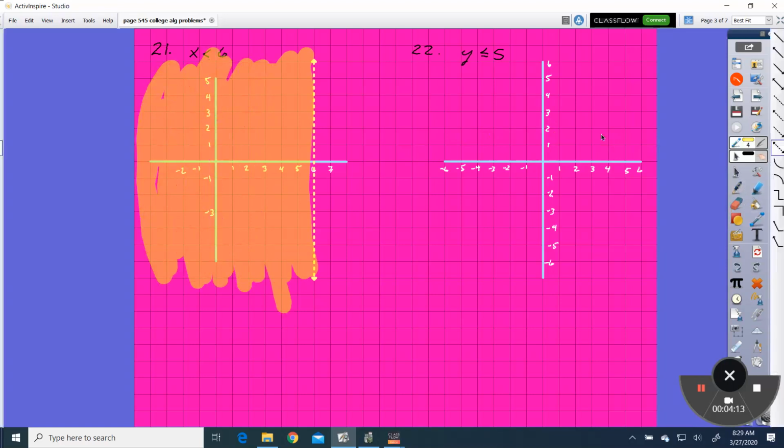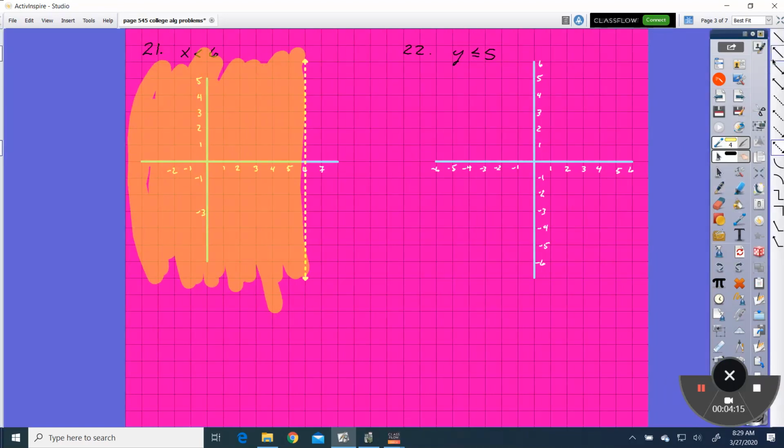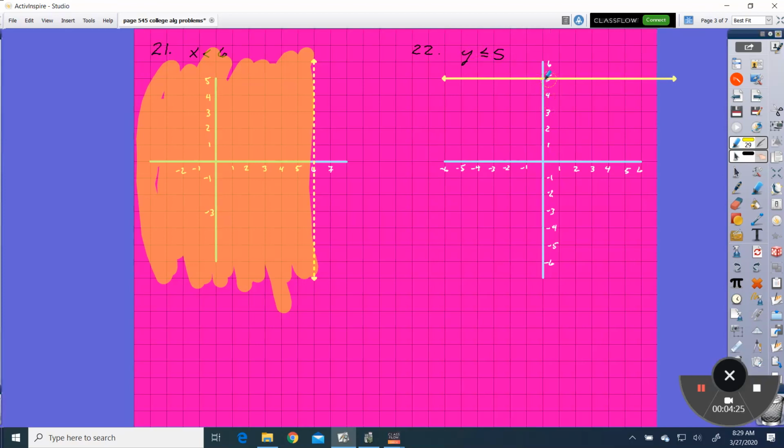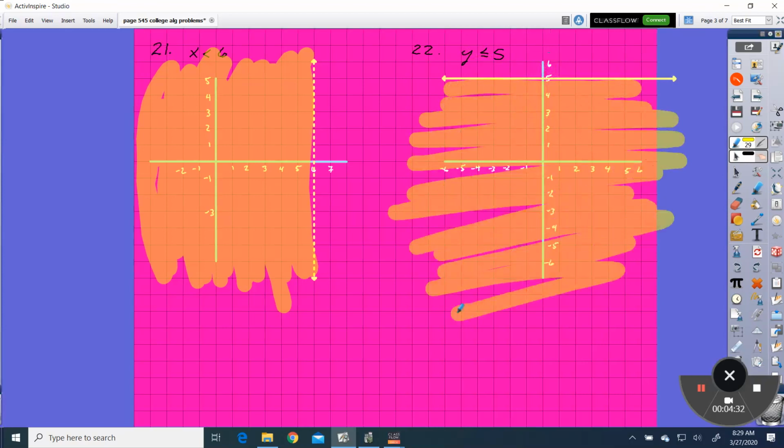Now I come over to y is less than or equal to 5, so that is a solid line. So I come up here to 5, and I shade below, because 4 is less than 5, but 6 is not less than 5. So I shade everything below, and that's that answer.